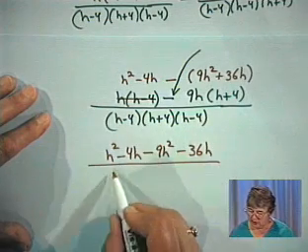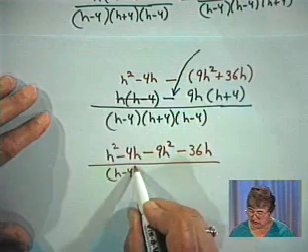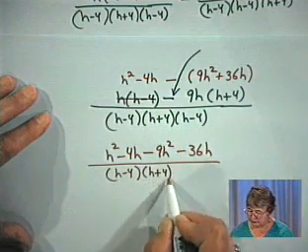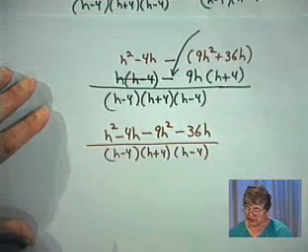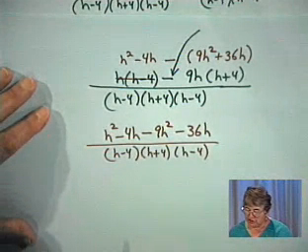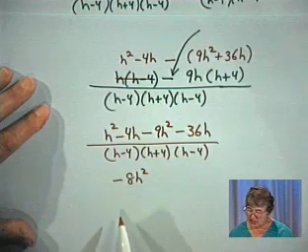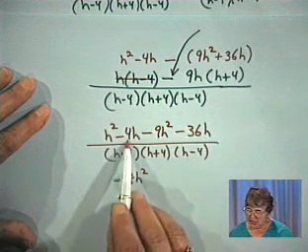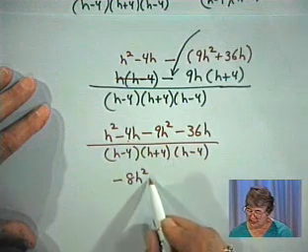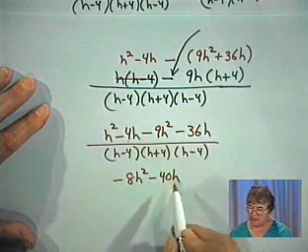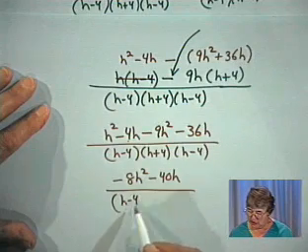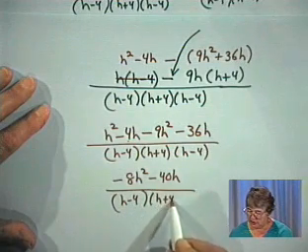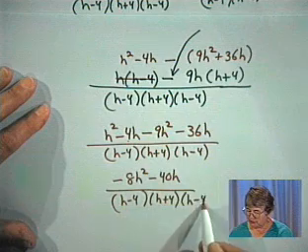And this is over all three of the factors in the denominator. So we have h squared minus 9h squared, and then we have minus 4h and a minus 36h, and we end up with a minus 40h, and that's over h minus 4 times h plus 4 times h minus 4.